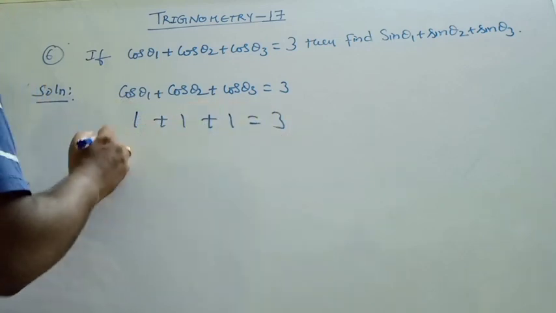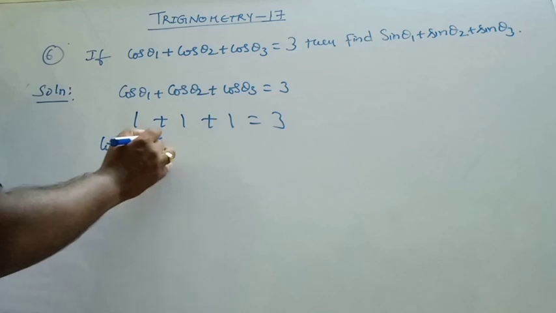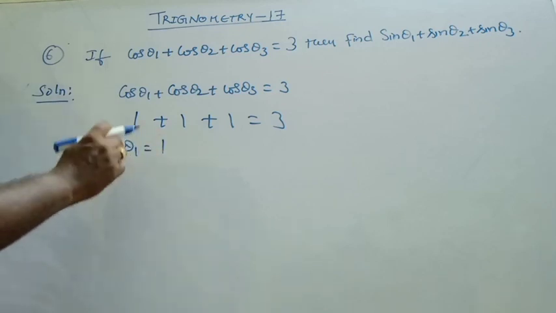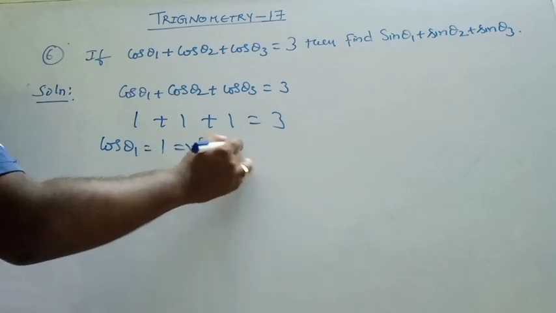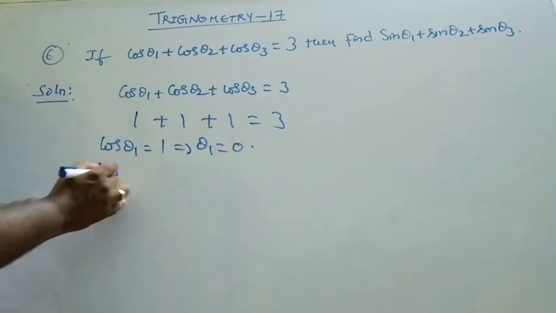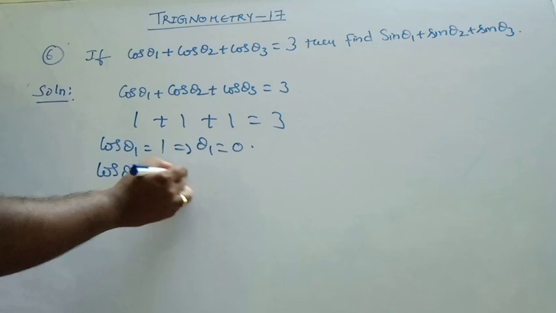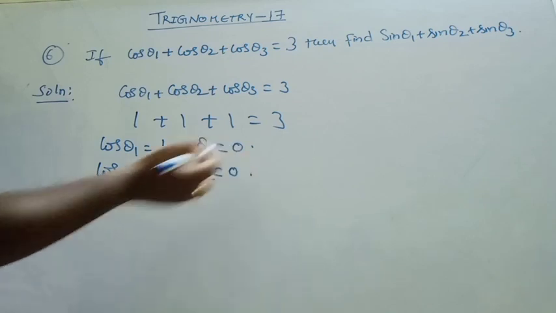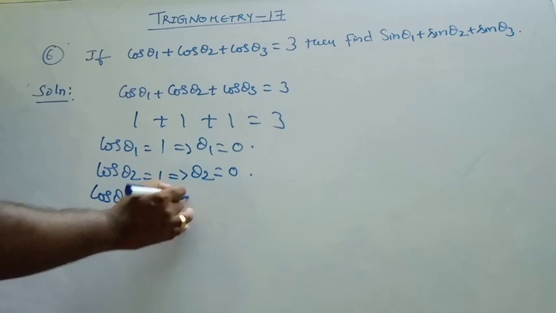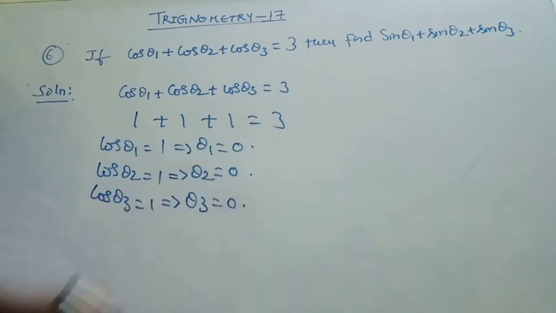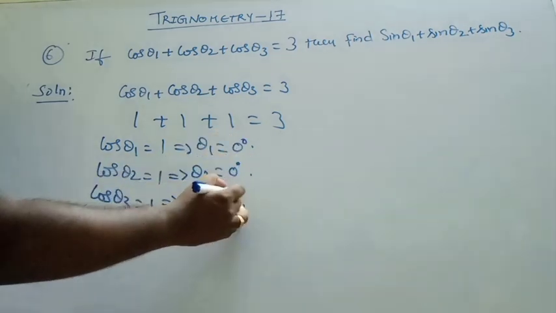That means cos theta 1 is equal to 1. When will it happen? When cos theta 1 becomes 1, theta 1 equals 0 degrees. Similarly, cos theta 2 equals 1 when theta 2 equals 0. And cos theta 3 equals 1 when theta 3 equals 0 degrees.